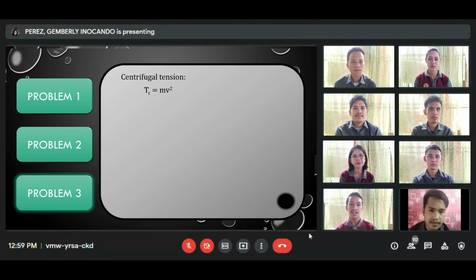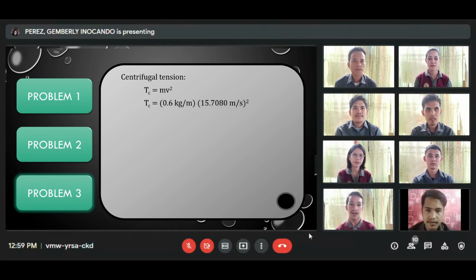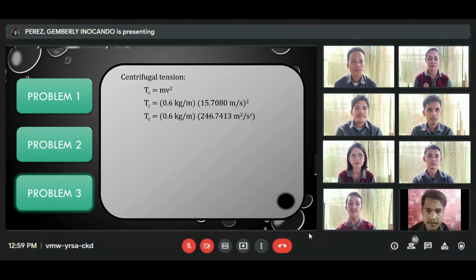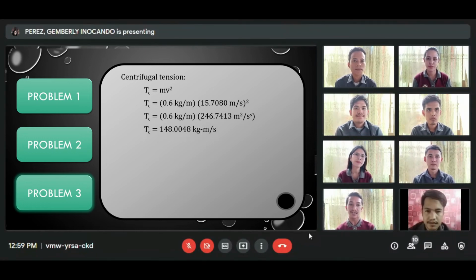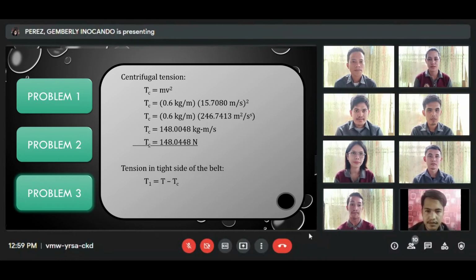So 0.6 kilogram per meter times the square of 15.708 meter per second. We come up with 148.0448 Newton.